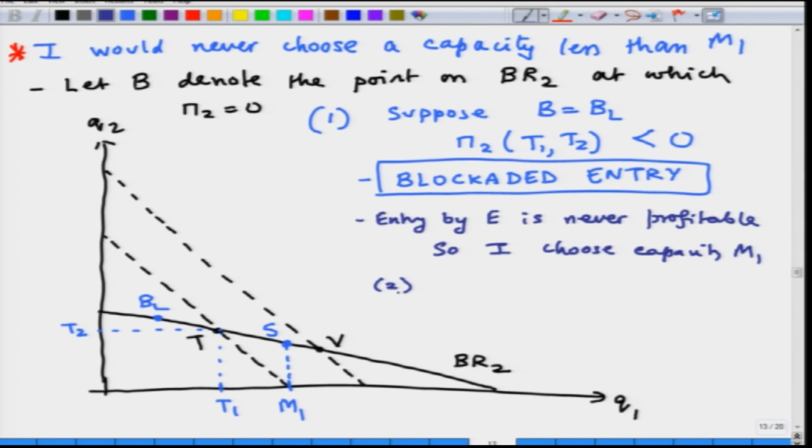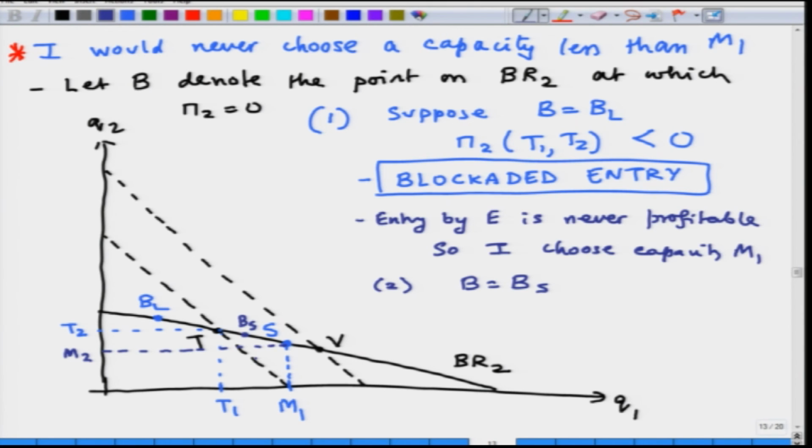The second case is where B is a point like BS, where the entrant is going to break even at T. Let us call this M2, but its profit at M2 is less than 0.